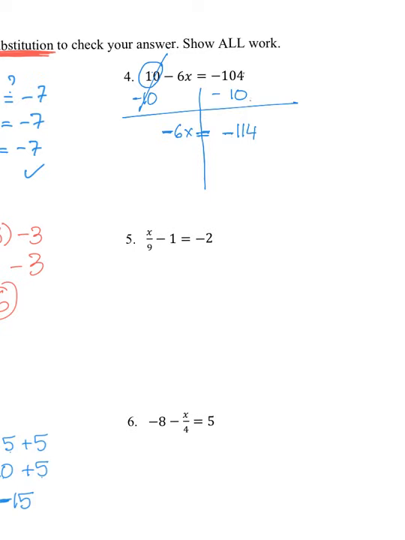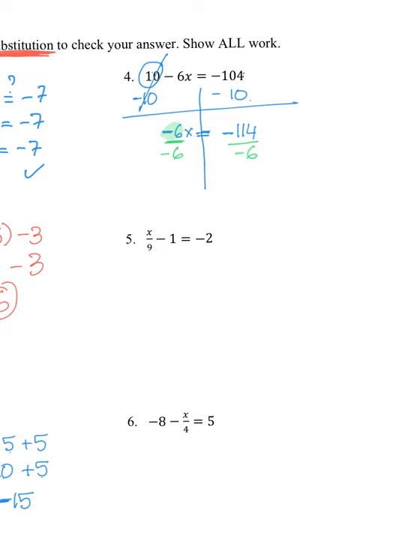Now, negative 6 times x, we need to do the inverse of that, which is dividing. Make sure the coefficient is negative, so we divide by a negative number as well.